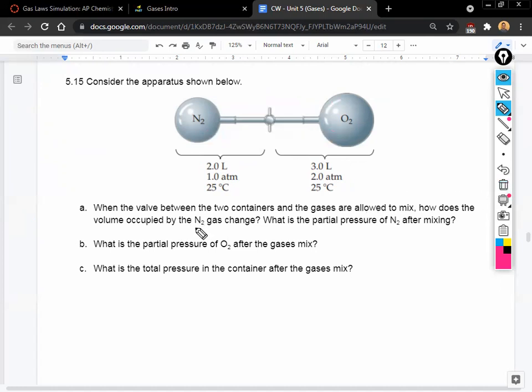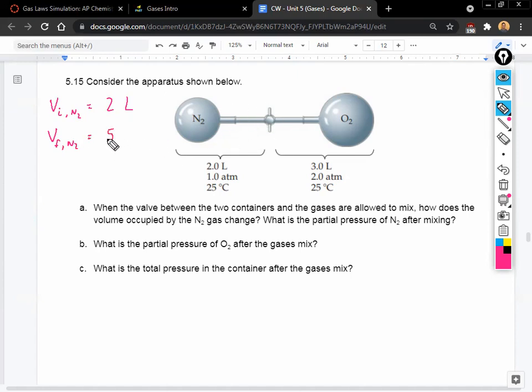Okay, it's asking us now, how does the volume occupied by the nitrogen gas change? So let's take a look at this. What was the initial volume of nitrogen? Yeah, 2 liters. Nitrogen initially had a volume of 2 liters. But what's the final volume of nitrogen after the valve is opened?